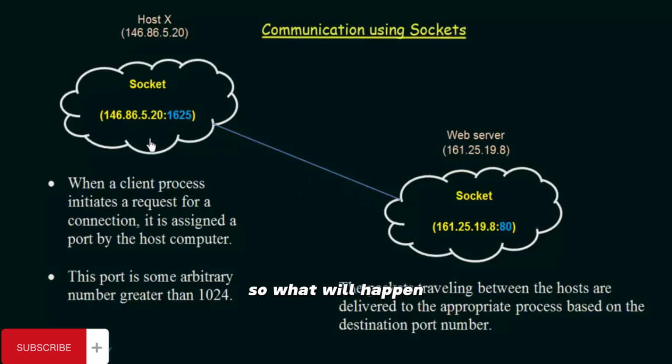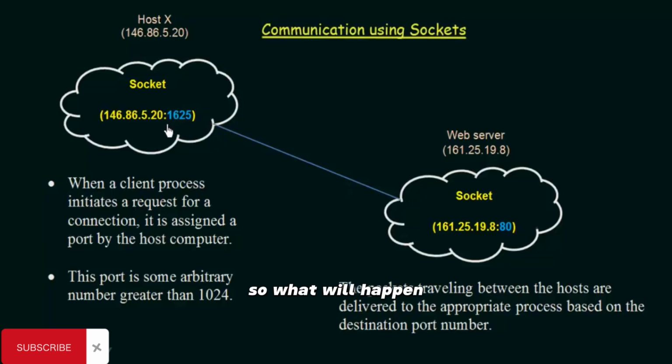The host computer will assign a port number to this process, which wants to communicate to the server. This is the IP address of the host computer, 146.86.5.20, and a process that belongs to this host computer wants to communicate to the web server.